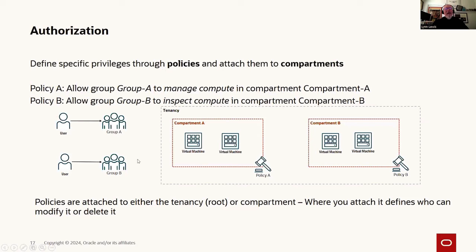Whereas I'm only allowed access as Group B, and Group B here means I can look at the virtual machine. I can't start anything. I can't stop anything. All I can do is inspect what's there. Maybe I'm in admin or in accounting, and so I want to see what's there and make sure it's correctly being attributed to the right resource, but I don't need to start and stop stuff. So that's the level of detail you can go to.